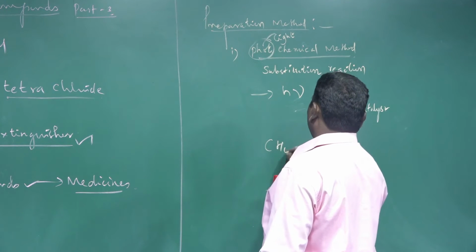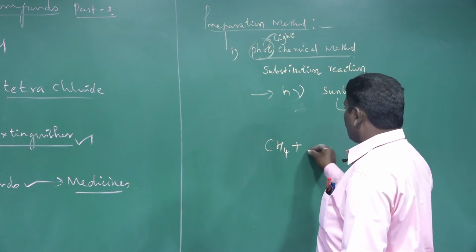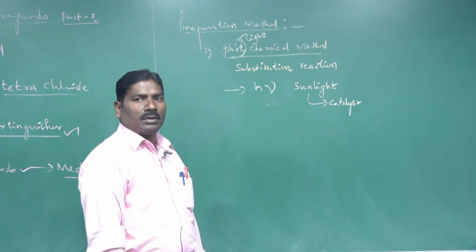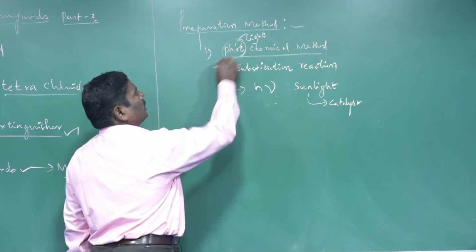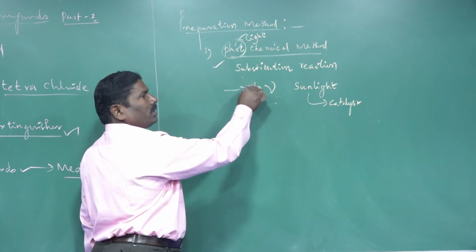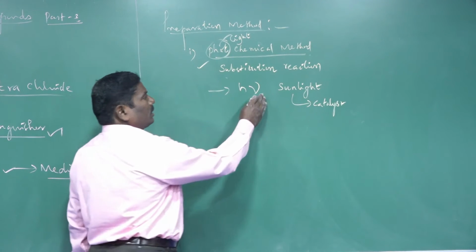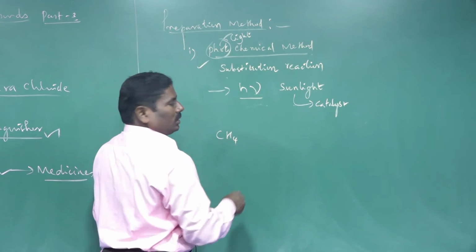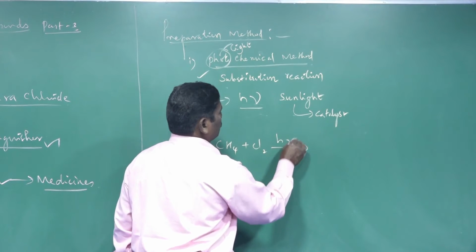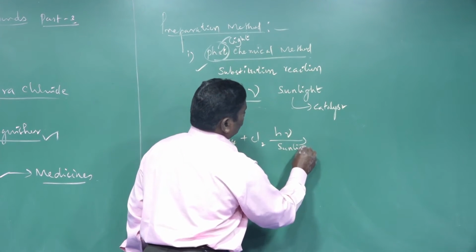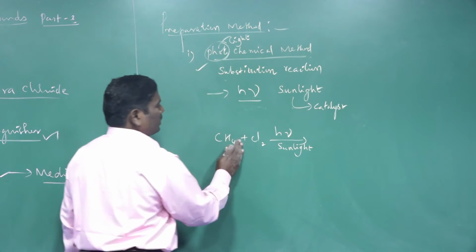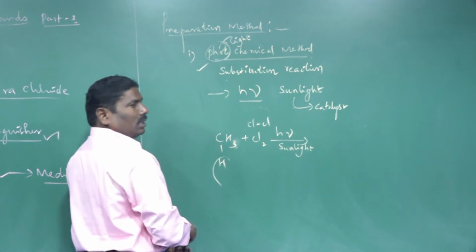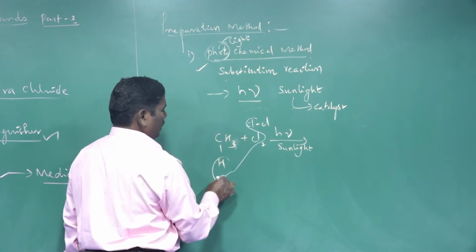Now I am going to take methane, which is treated with chlorine in the presence of sunlight. This photochemical reaction is a substitution reaction, and here hv is nothing but sunlight, the catalyst. Methane plus chlorine, in presence of hv. Write CH3-H, and split chlorine as Cl-Cl. The chlorine reacts with hydrogen and HCl is formed.